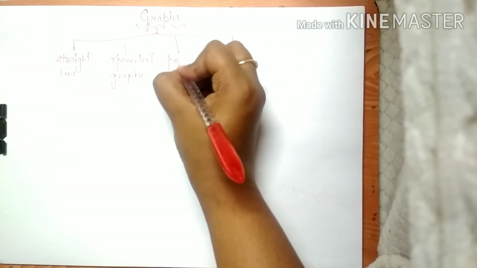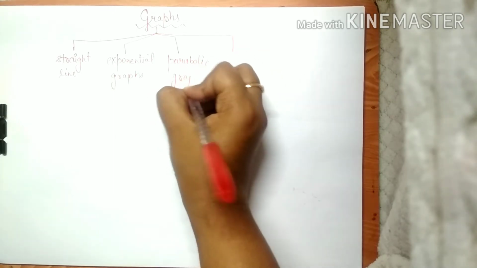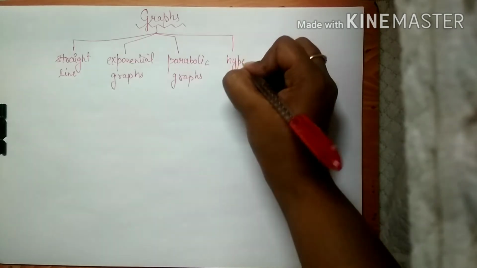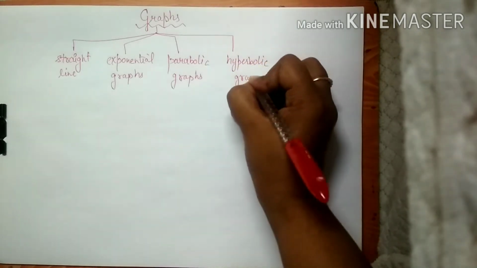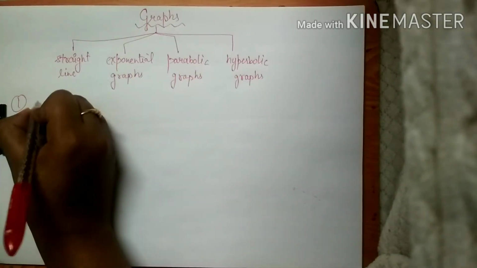Third will be parabolic graphs, and fourth will be hyperbolic graphs. So first we'll start with straight line graphs.